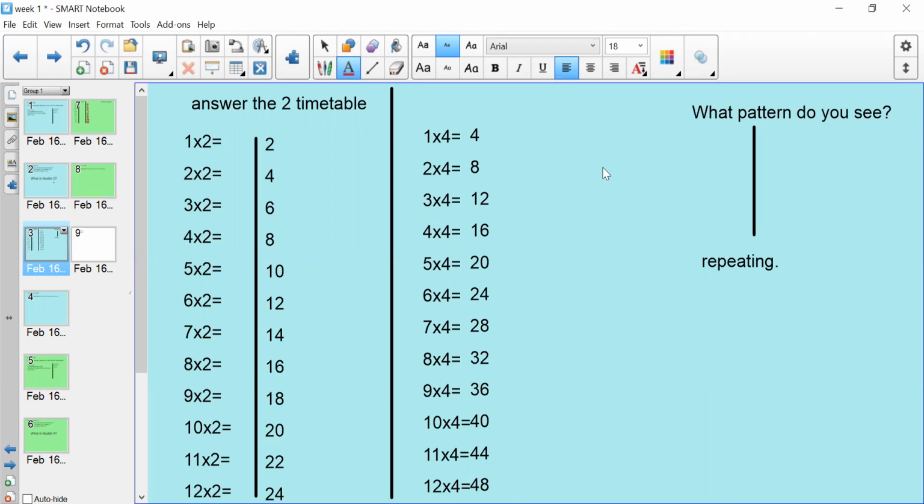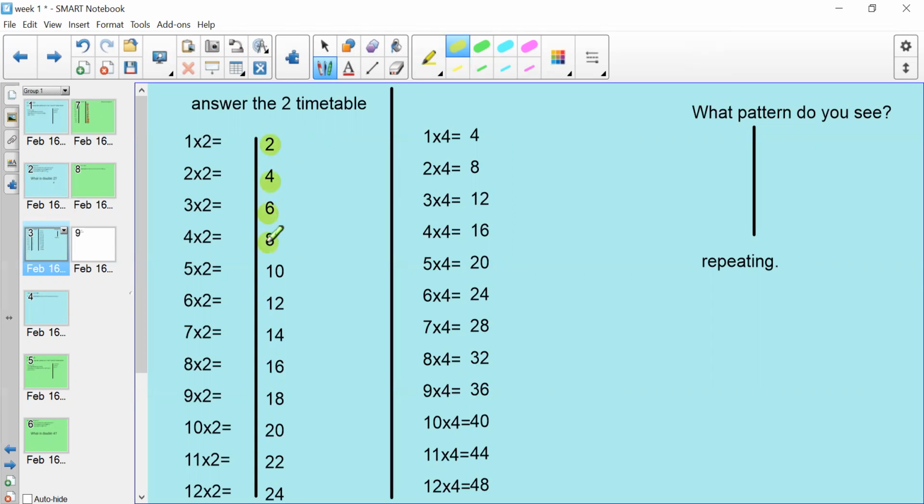Okay, so what patterns did you notice? There are quite a few patterns in these times tables. I'll just go through them with you and see if you got those. Okay, so we're just going to get the highlighter. The first pattern you might have noticed is that the answers for your 2 times table are jumping up in 2s.